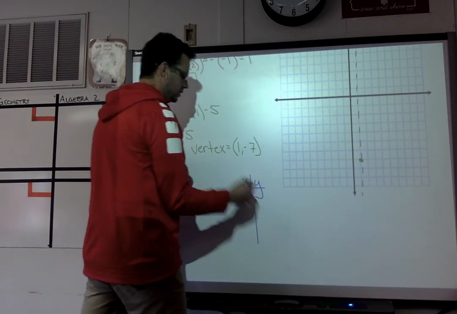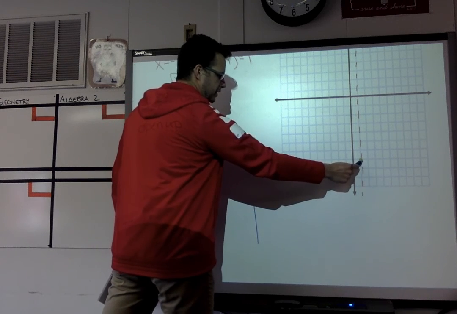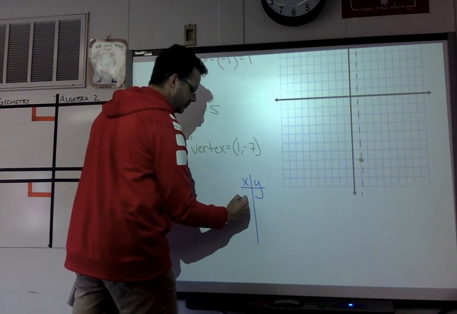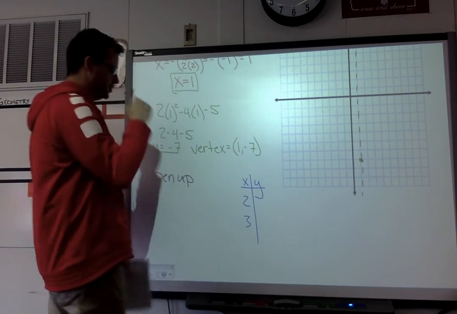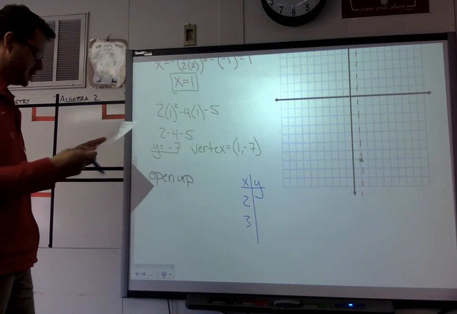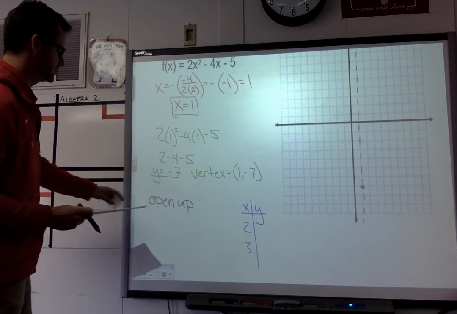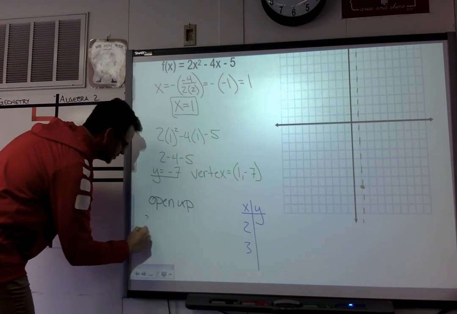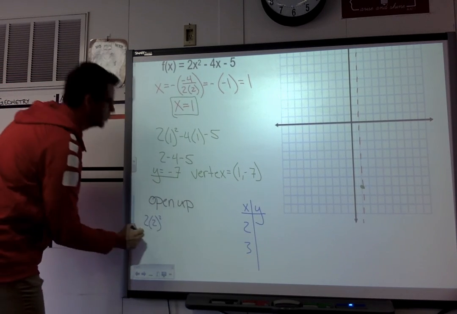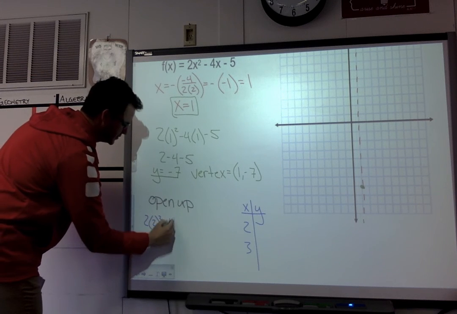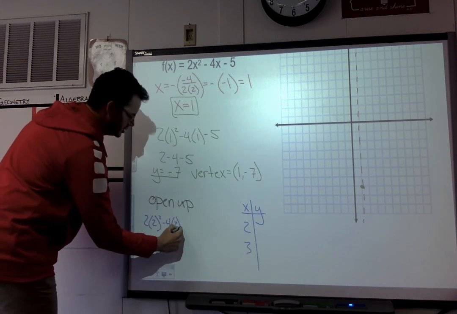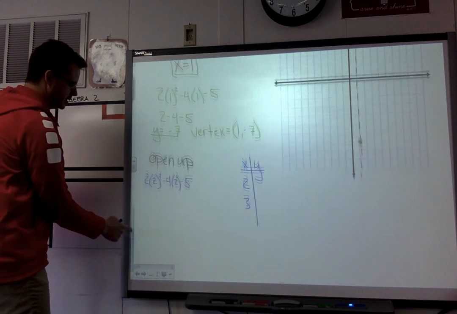Since I already have my point at x equals 1, I'm going to find my points for x equals 2 and x equals 3. So in this case, when x equals 2, I will have 2 times 2 squared minus 4 times 2 minus 5.